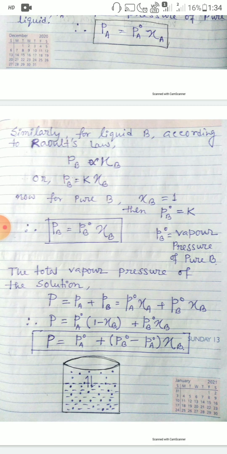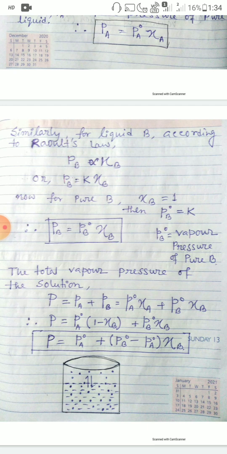Now we know that Xa plus Xb is equal to 1, then you can also write Xa is equal to 1 minus Xb. That's why in the next line you can see P is equal to Pa0 into 1 minus Xb plus Pb0 Xb.